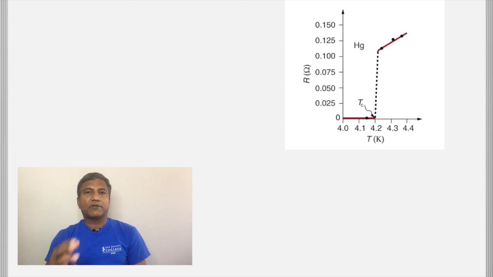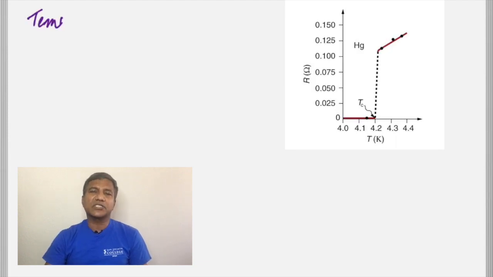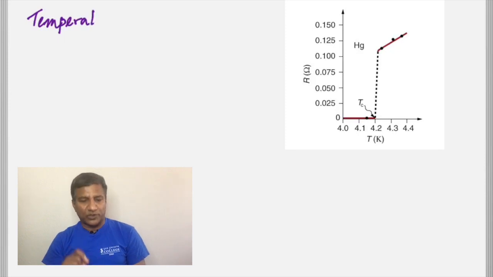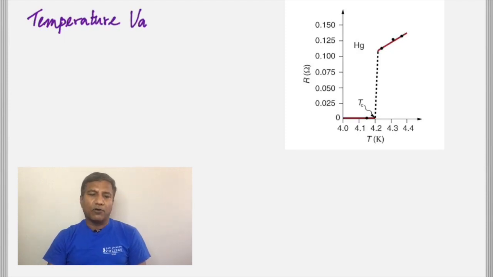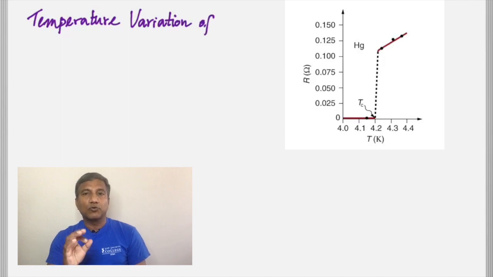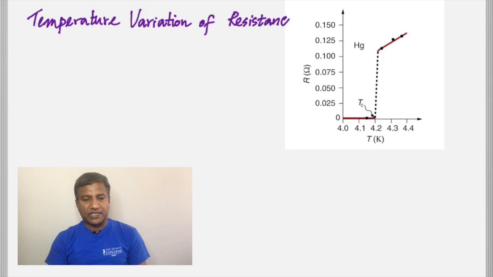And the formula for change in resistivity with temperature is similar to the formula for change in resistance with temperature. We'll take one at a time. So the formula for change in resistivity with temperature involves the resistivity at room temperature, which I'm going to show in the formula in a second.